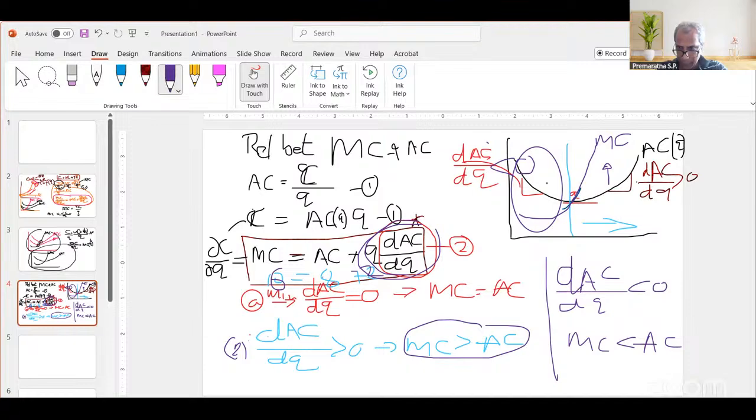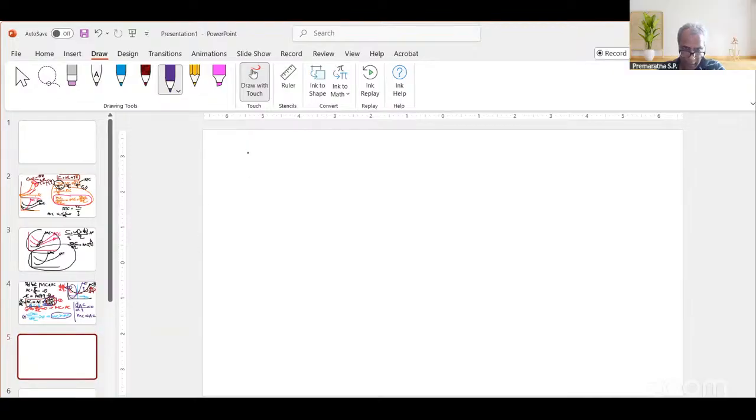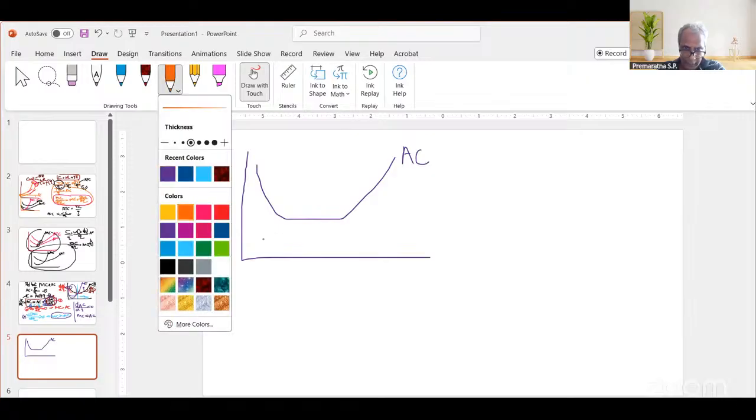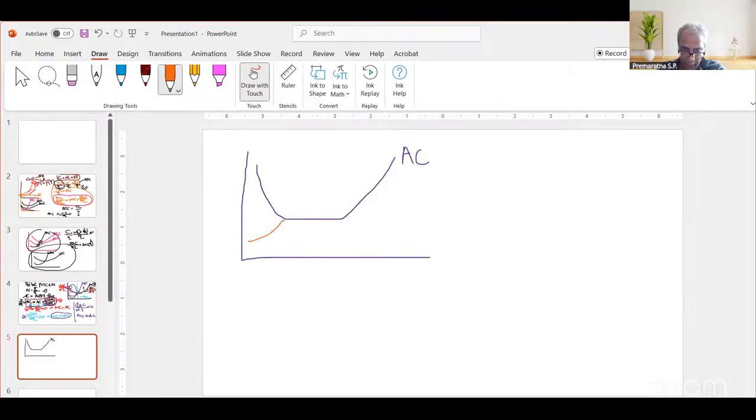Now, another important thing. I'm going to draw it again here. Let's say I draw this kind of average cost curve. And here, the marginal cost curve, if I draw like this. Now here you can see the shape of the average cost curve.